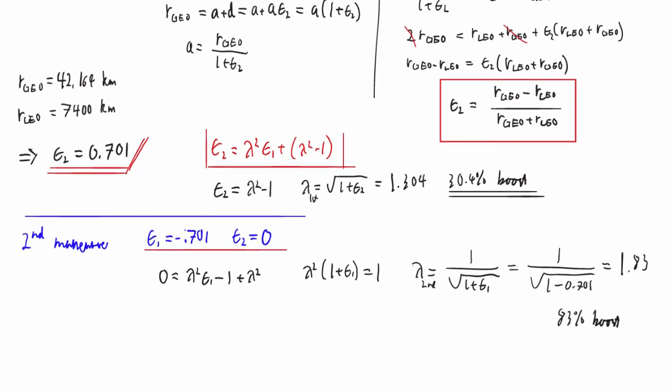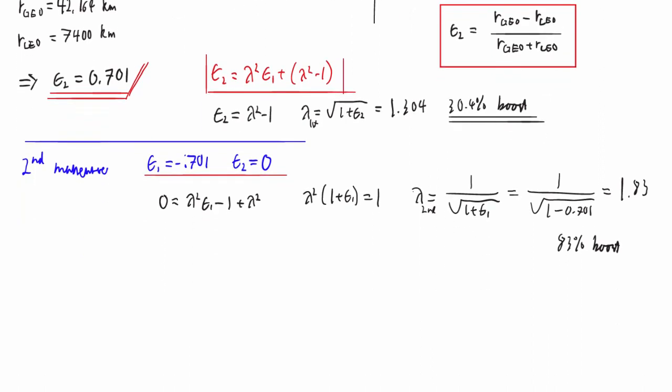What does that correspond to in actual velocities? Well, we can calculate that really quickly. I'm not going to show it here, but we can show that in a circular orbit, we know that the velocity is going to be the square root of GM over r. You can derive that as an exercise.